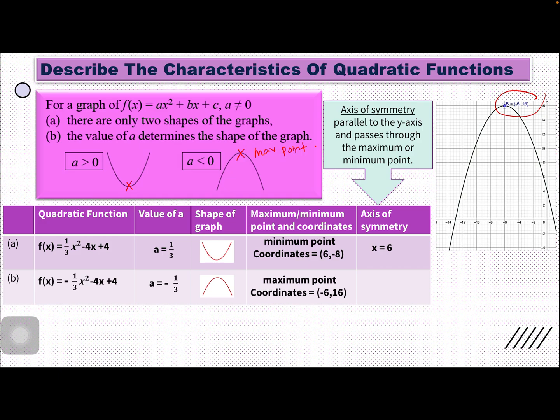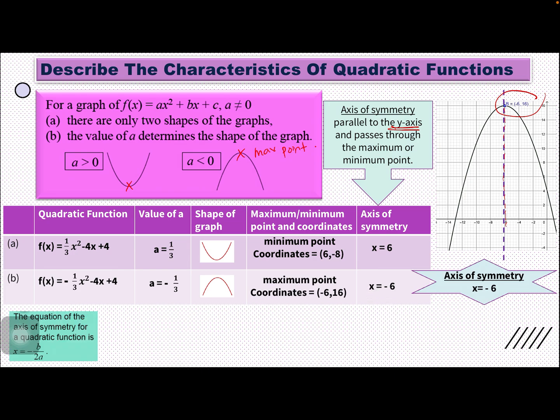So can you determine the axis of symmetry? As I mentioned earlier, the axis of symmetry depends on the maximum or minimum point, and it is parallel to the y-axis. So the axis of symmetry is x = −6.